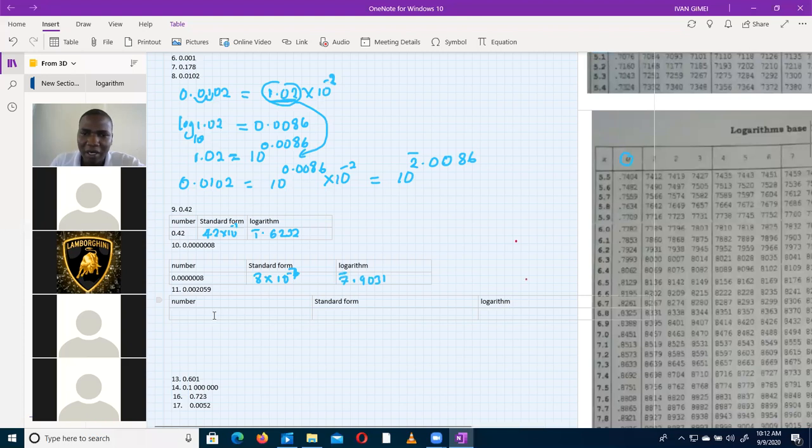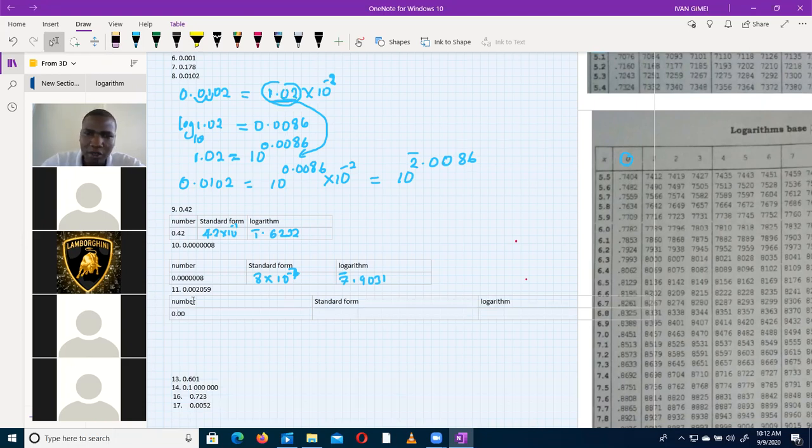What's our number? The number we're dealing with is this one here. It is 0.0020059. That's what I have.